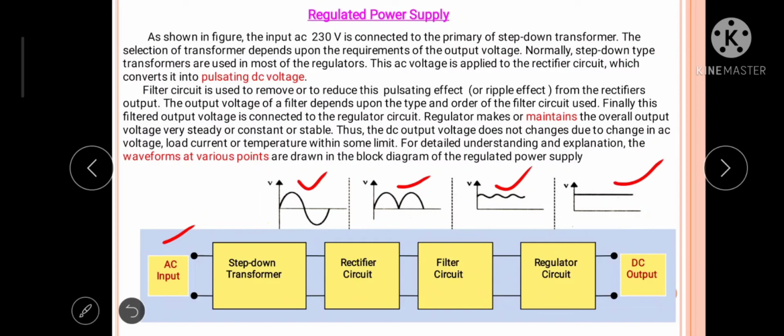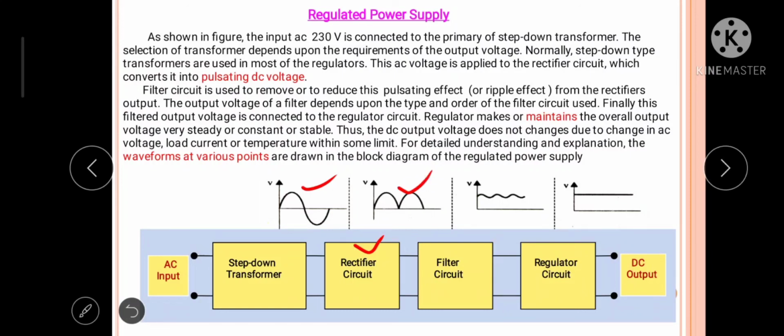For detailed understanding and explanation, the waveforms at various points are shown in the block diagram of the regulated power supply. Here, this is the output of the step-down transformer, which is a lower value of AC input voltage. Then this AC voltage is connected to the rectifier circuit, and the rectifier gives us this pulsating DC voltage.